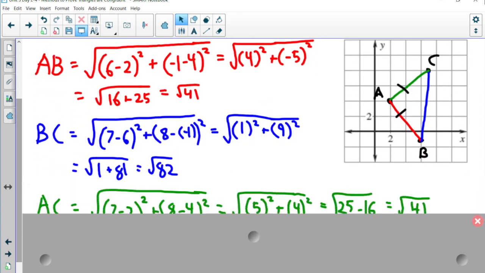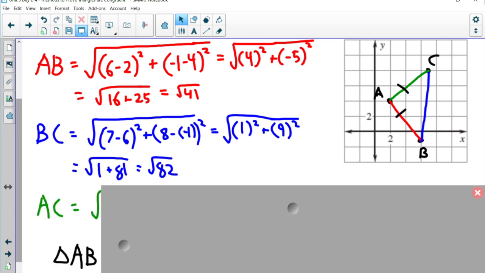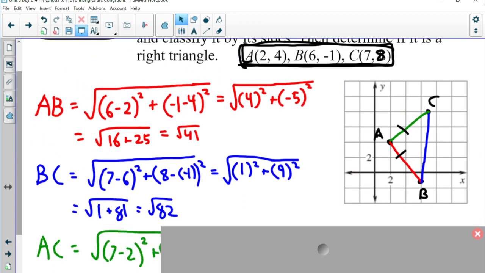For A to C, we have square root of 7 minus 2. That's x coordinates of C, x coordinate of A, squared.